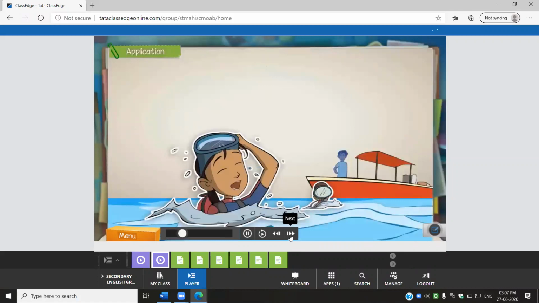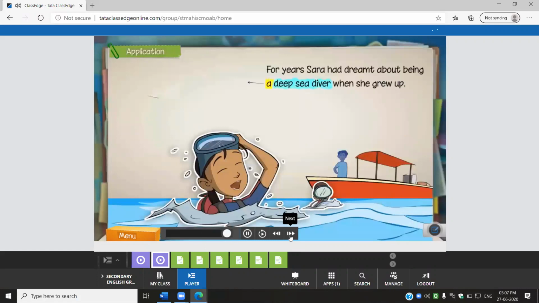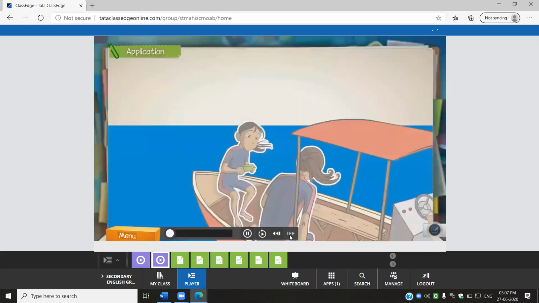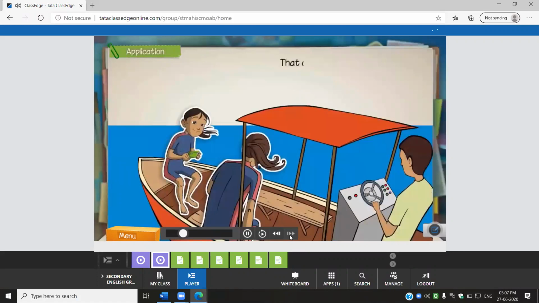For years, Sarah had dreamt about being a deep-sea diver when she grew up. That day, she decided that being a photographer would be much more exciting.